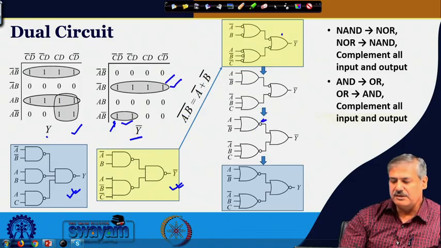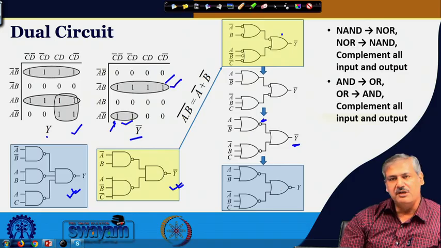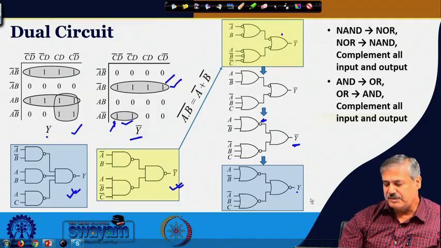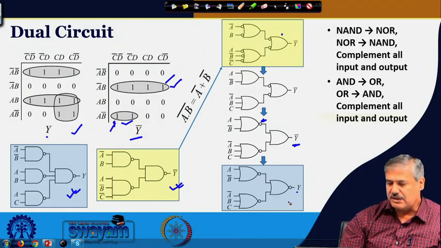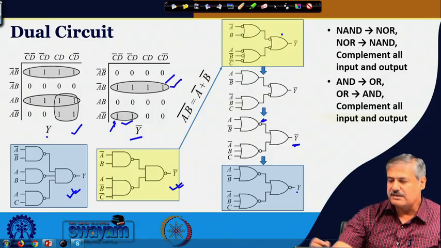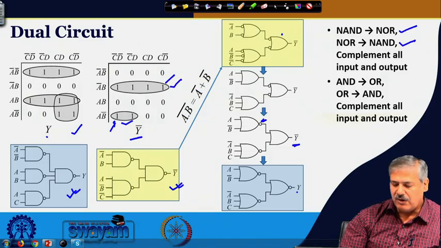So, this becomes an OR gate, and finally, this output was y bar. If you take another bubble inverter of it, it becomes y. This becomes your POS representation by simply converting this particular circuit to the other circuit, where NAND gates are converted to NOR, NOR will be converted to NAND, and all inputs and outputs are complemented.